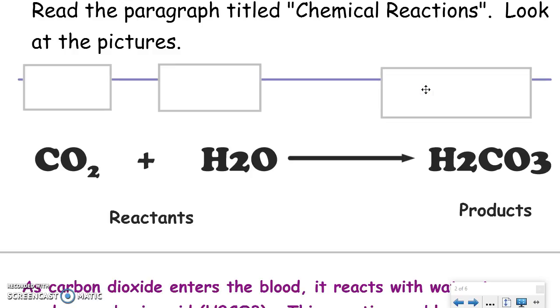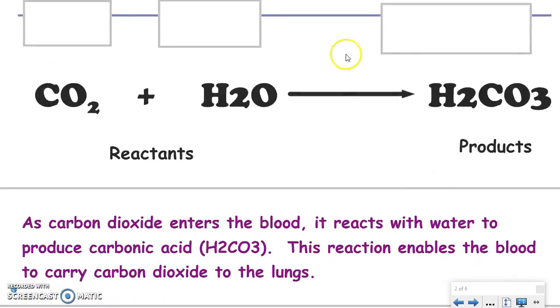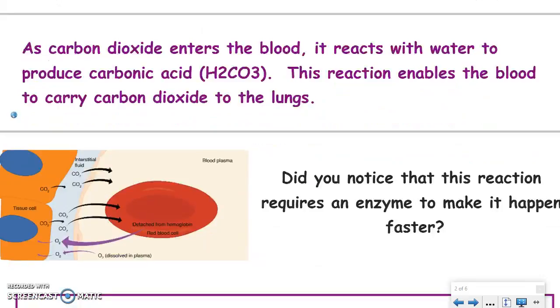Now, this dissolves super easily in our blood, and now we can take that carbon dioxide in this new form up to our lungs. Then we basically reverse this reaction with a new enzyme and get rid of the carbon dioxide in our lungs. In order to really understand this, there's a video.